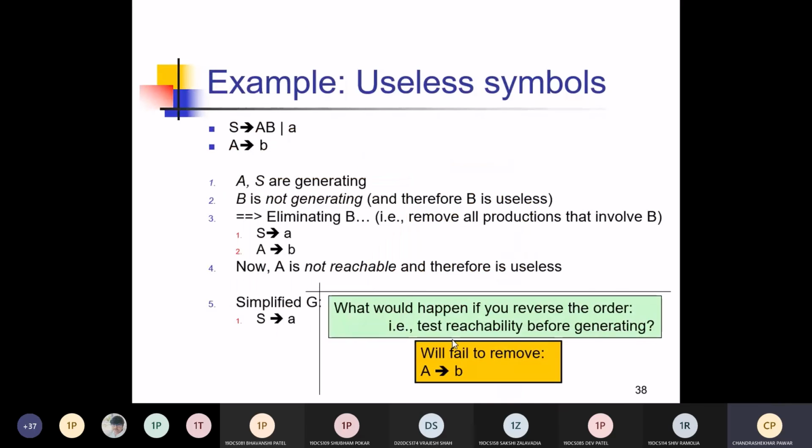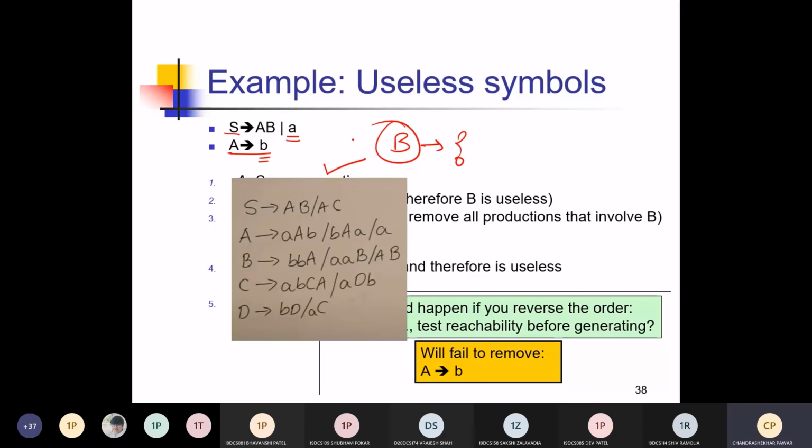I will show you the slide again. Here, if you observe, A is having a production, S is having a production, which is only generating the terminal symbol. So they are called generating. Another thing about generating: B is having no kind of production over here, so it is not generating directly.